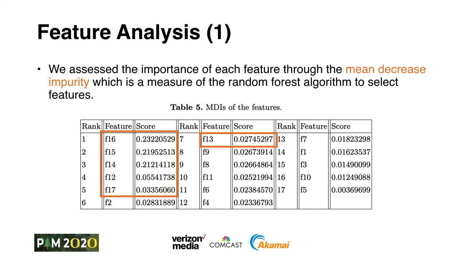We use 2 methods to analyze features. First, we calculate the mean decrease in purity of each feature, which also is a measure within the random forest algorithm. The features of resource records play an important role in classification because they account for 6 in the top 7.